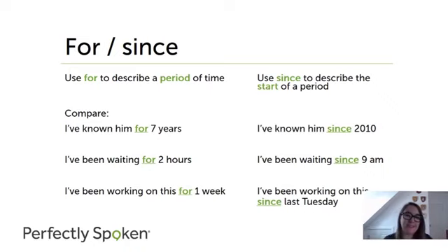I've known him since 2010, the start. I've been waiting for 2 hours, period of time. I've been waiting since 9 a.m. This was the start. I've been working on this for 1 week, the period. I've been working on this since last Tuesday. This is when it started.